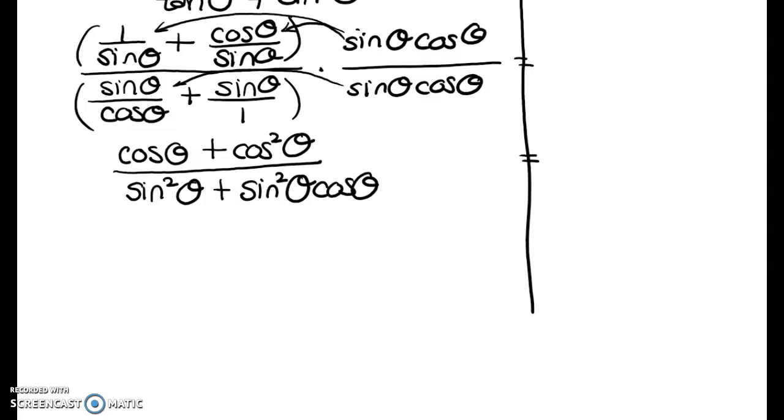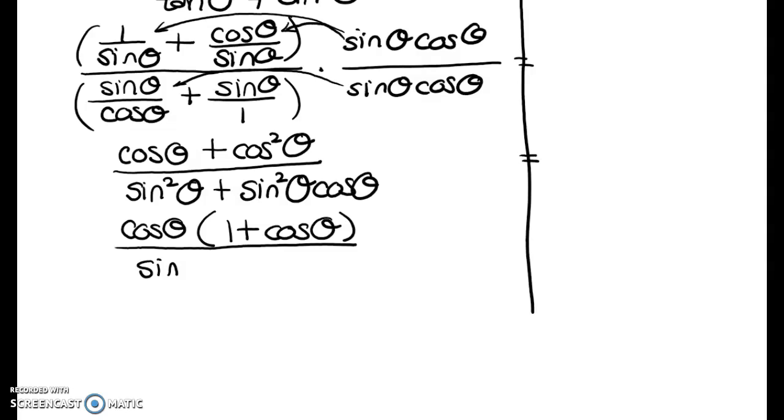If I factor out a cosine of theta, I get 1 plus cosine of theta. If I factor out a sine squared theta, I get 1 plus cosine of theta.